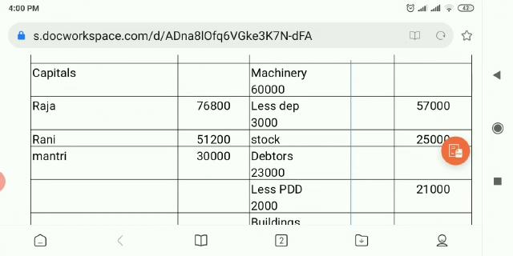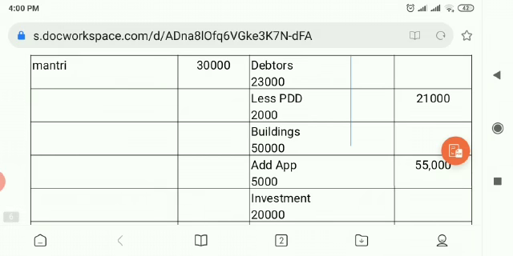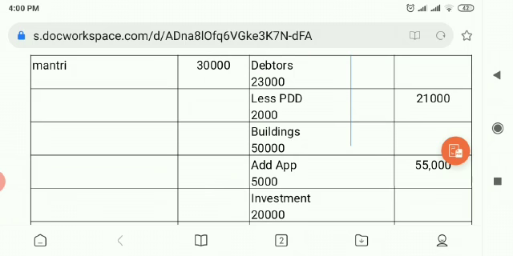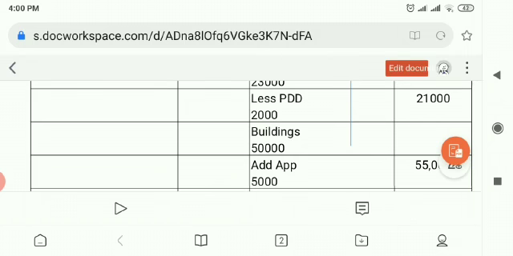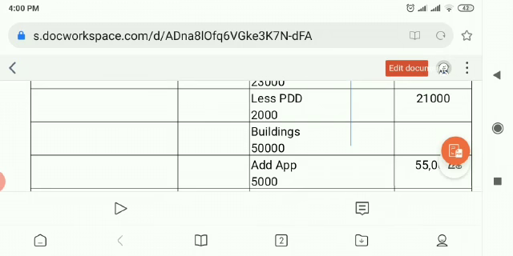Below that you write Raja 76,800, Rani 51,200, Mantri 30,000. Now you total the liabilities side of the balance sheet. Total the asset side of the balance sheet and look at the total of the balance sheet and see that it tallies.